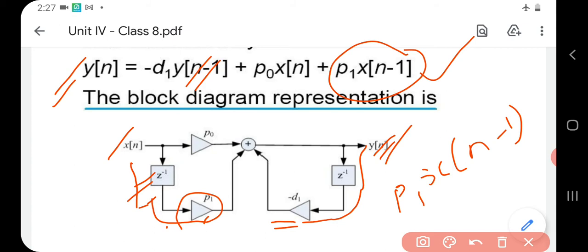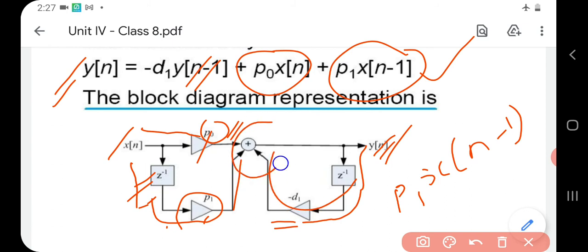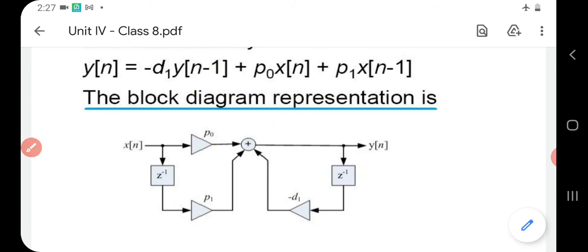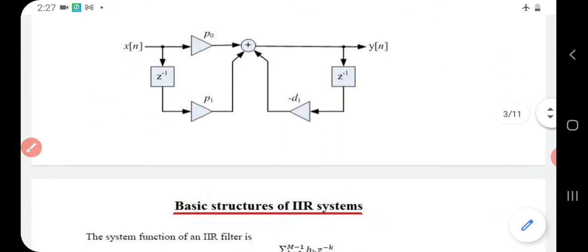After that there is one more case. x of n goes straight to a multiplier and is multiplied with a constant, say p0. The output will be p0 into x of n. Now all these terms are finally added. This is the addition operation. This is how, if you are given an equation like this, you represent it using the basic building blocks.